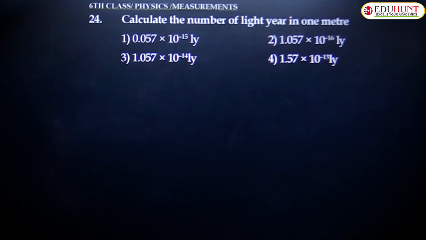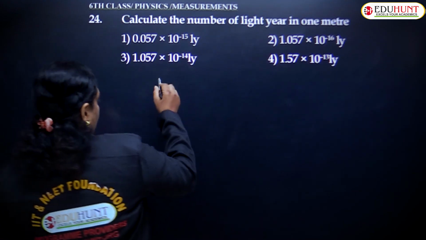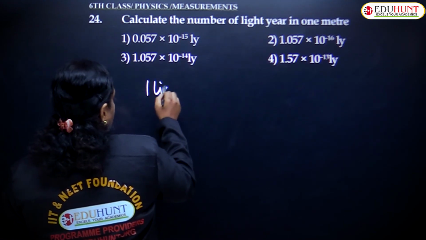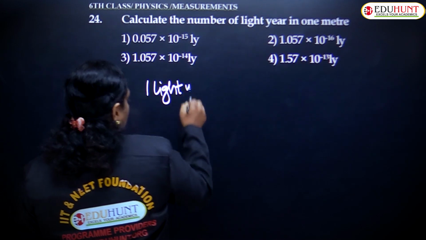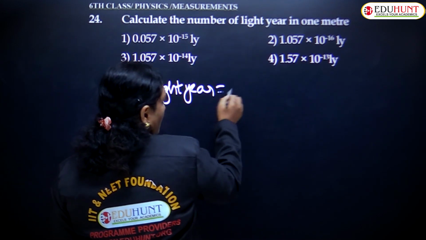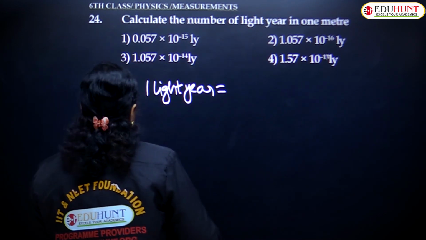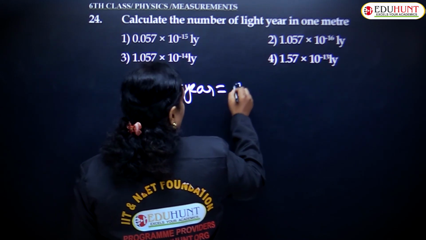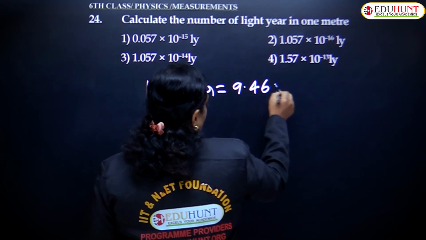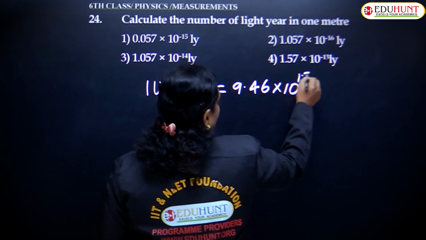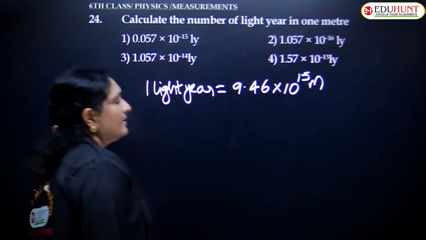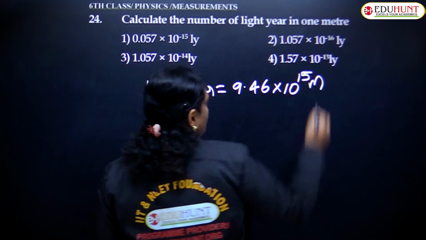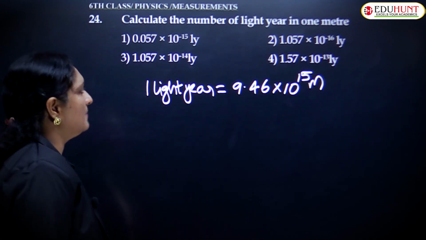Calculate the number of light years in 1 meter. Well, we have 1 light year equal to 9.46 into 10 power 15 meters.